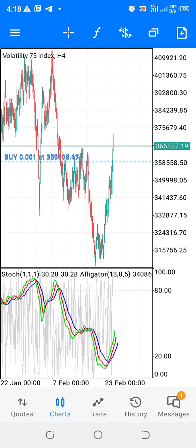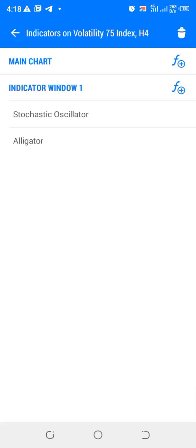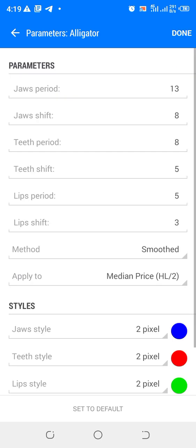Then we want to set alligator. Alligator will be our main indicator, essential in this strategy. You click the F there, and then we are going to see the alligator. It's a simple strategy, so you just come and fix the settings. We have the jaw period 13, shift 8, teeth period 8, teeth shift 5, lips period 5, and lips shift 3.